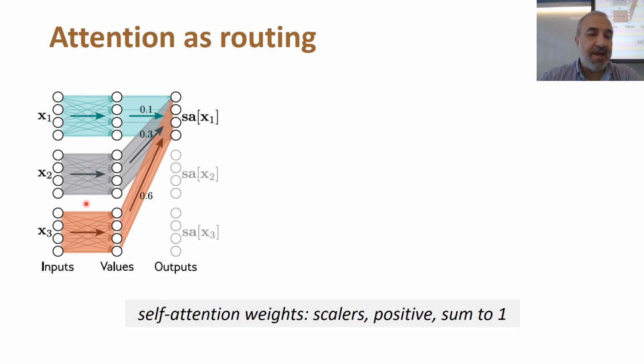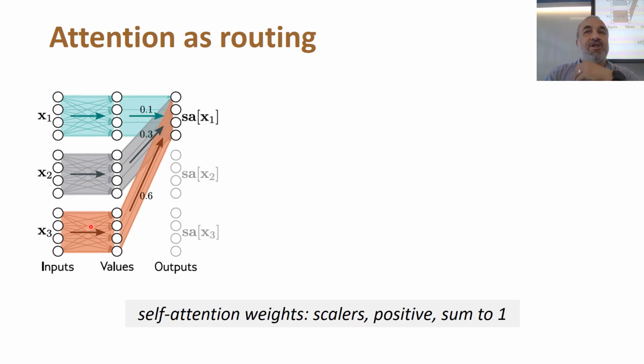What you see here is 2 steps actually. The first step is getting from inputs to values. How do we do that? By a linear layer, right? It's just like a fully connected layer that takes the input vector and produces an output vector, but here we call it a value vector. And remember that these connections are exactly like these connections.